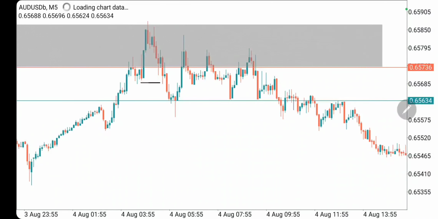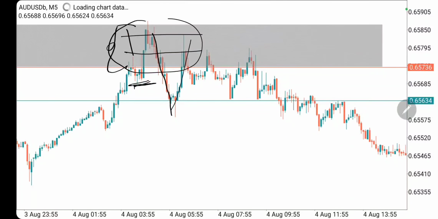Do you see that this low was taken out when price came to this zone? As it was taken out, we wait for price to come back into the supply zone that took out the low. We have a refined stop loss of not more than 5 pips, 2 to 5 pips.